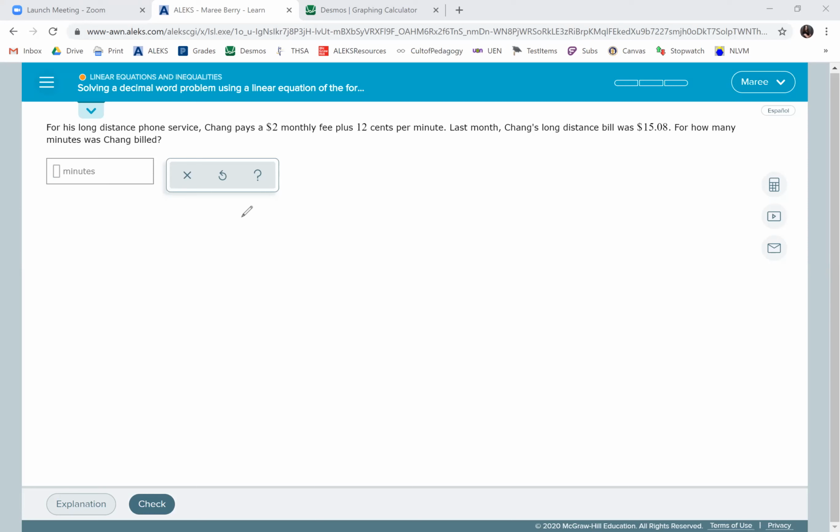So in this particular problem, for his long distance phone service, Chang pays a $2 monthly fee plus 12 cents per minute. Last month, his long distance bill was $15.08. For how many minutes was he billed? Okay, so X is how many minutes he was billed.